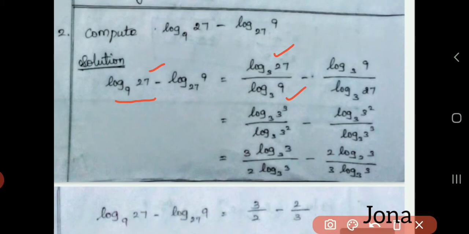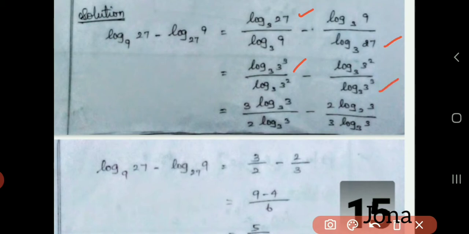The same 27 and 9 can be written in this form. 27 and 9 are divisible by 3, the smallest common factor, so I want to write it like this: log 27 base 3 over log 9 base 3.